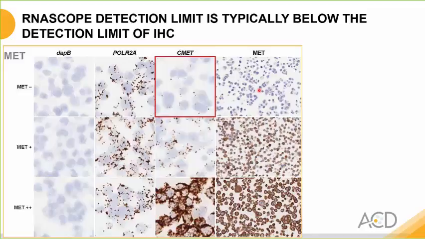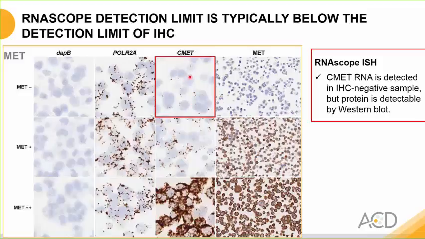However, there are clearly RNAscope dots well above and beyond the negative control background in the RNAscope panel, shown here and highlighted with the red box. This really demonstrates the ability of RNAscope to pick up low level of expression not typically seen by immunohistochemistry.